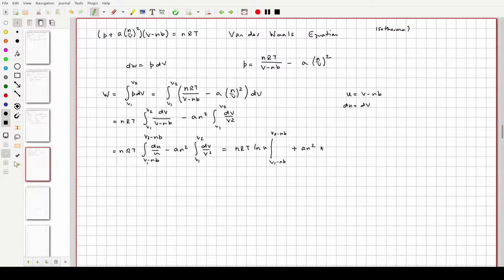And you end up with 1 over V, but you have to evaluate that from v1 to v2. So this right here, when you work it out, ends up being a natural log of this minus a natural log of that. And you can use natural log math to turn that into a ratio. So your first one looks like this.